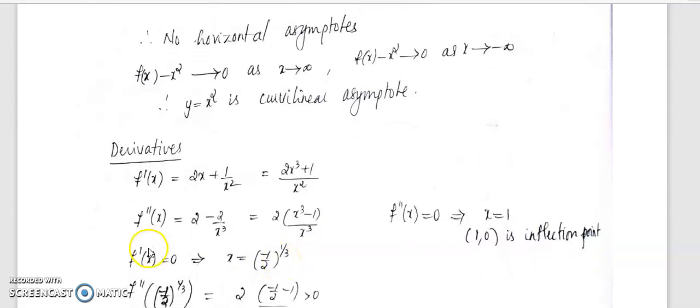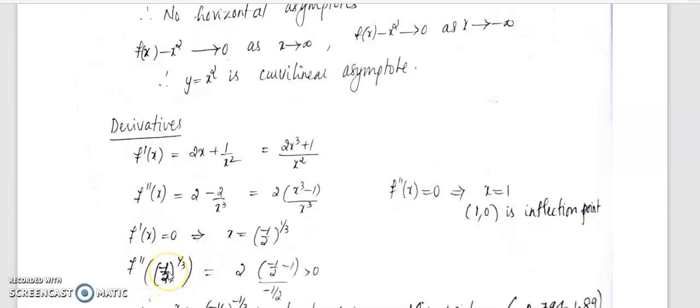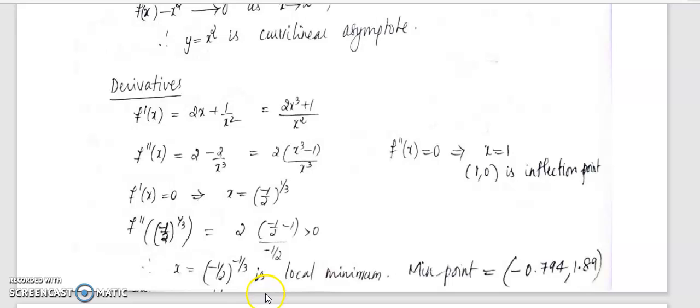Now when you take f dash of x equal to 0, the only real root is x equal to (minus 1 by 2) whole power 1 by 3. And f double dash at minus 1 by 2 power 1 by 3 will be 2 minus 2 by (minus 1 by 2), which is positive. Since it is positive, the critical point we got will be a relative minimum, a local minimum.